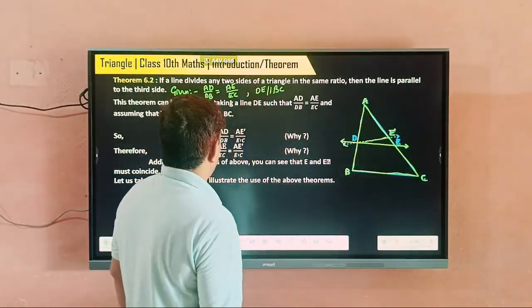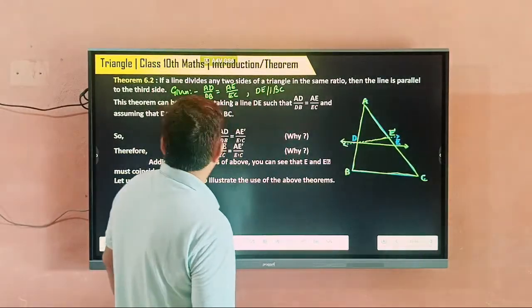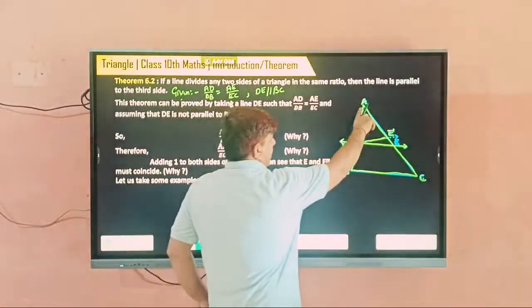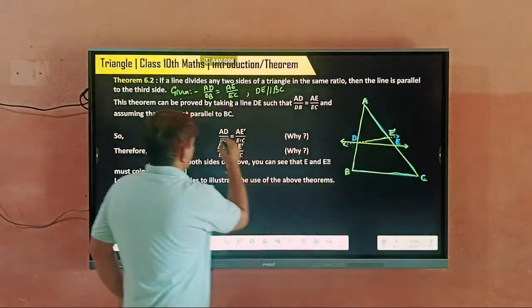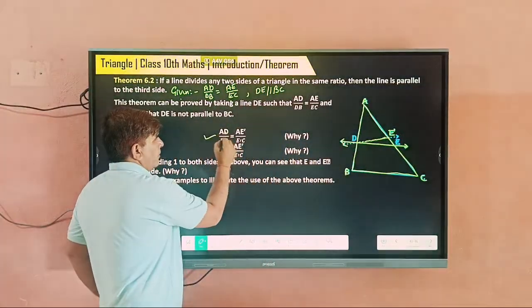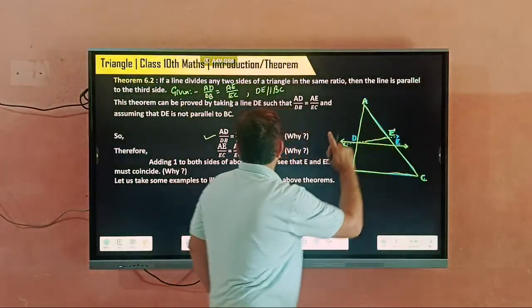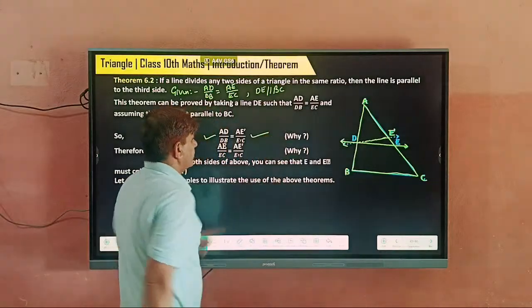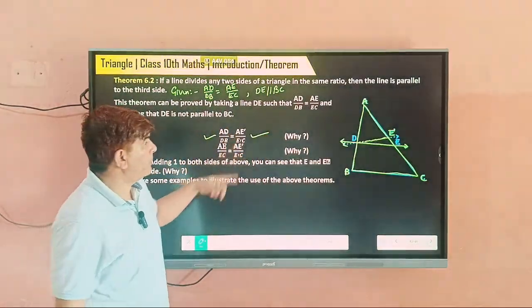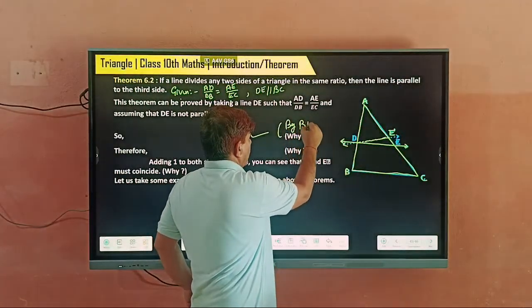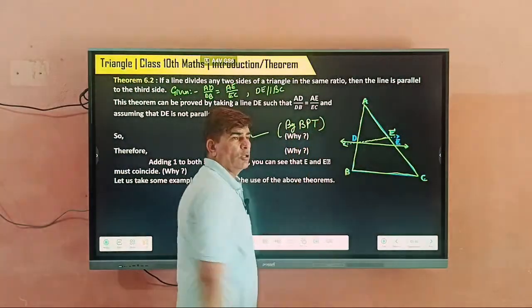If it is parallel, then what can we say? By BPT, AD by DB is equal to AE dash by E dash C. Yes or no? We can write this by BPT, the Basic Proportionality Theorem.